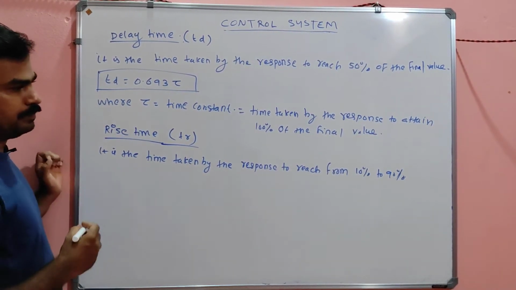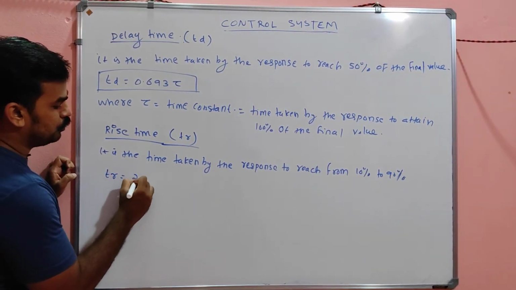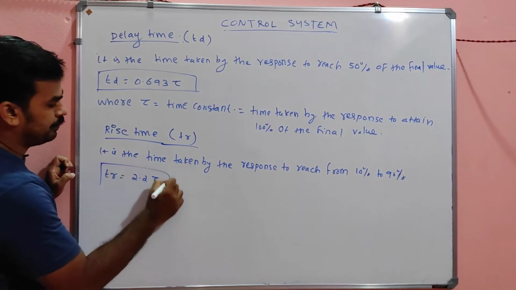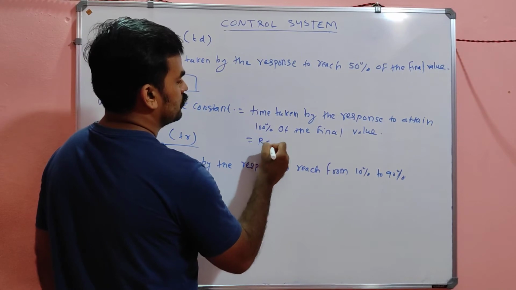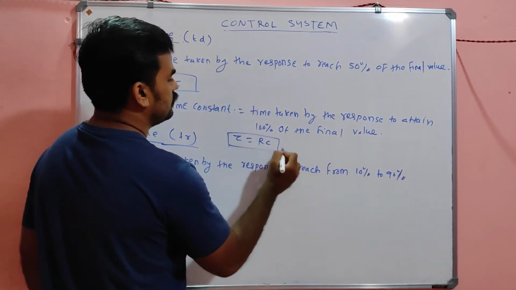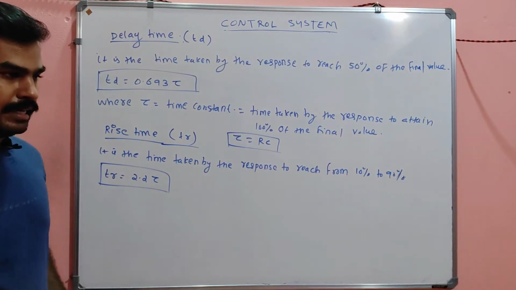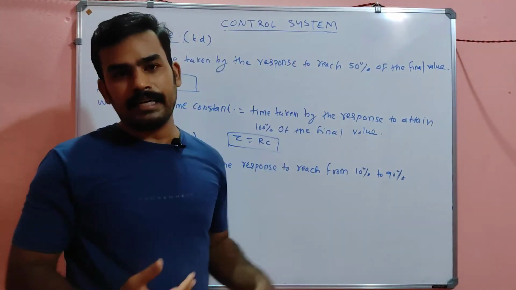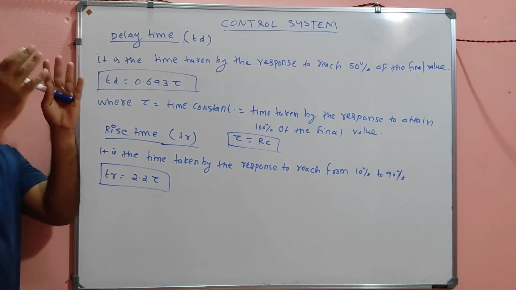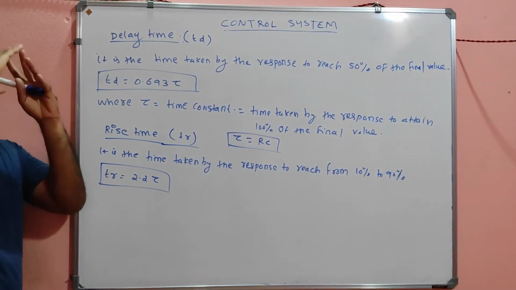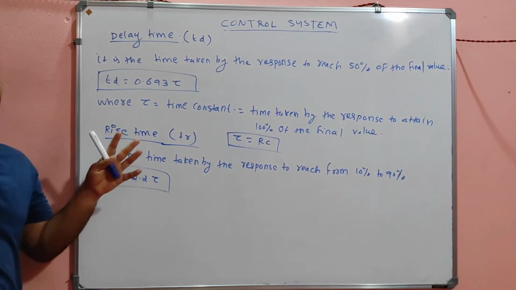So rise time TR will be equal to 2.2 into tau, and tau is equal to RC, correct? For first order system, tau will be equal to RC. So rise time means nothing but, my dear, in what time the response will go from 10 to 90%. You may not have clarity now because you don't have that imagination of what is actually happening there.